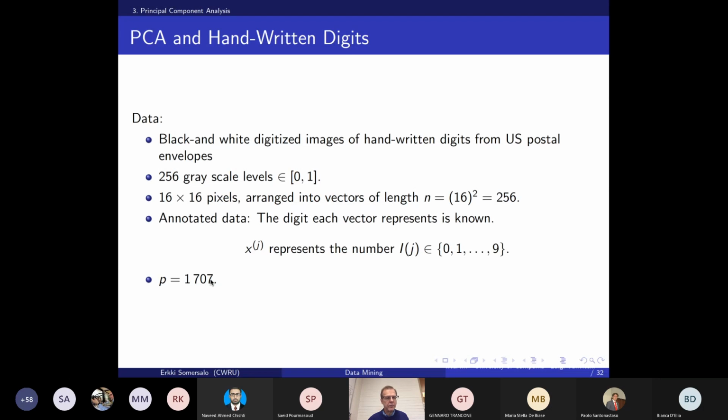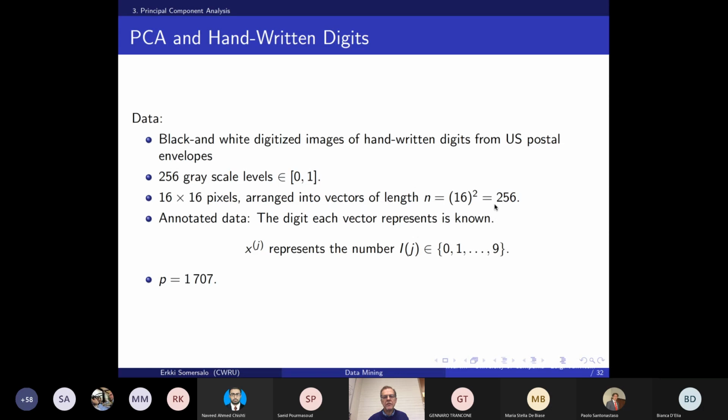They have been pre-processed by a human observer, so they have been centered and scaled so that they are comparable. There are 256 grayscale levels, so this is a black and white picture, and it's pixelized rather coarsely, with 16 by 16 pixels. There are also databases with 32 by 32 or 64 by 64 pixels, depending on how much you want to increase the dimensionality. I'm using this 16 by 16 pixelization.